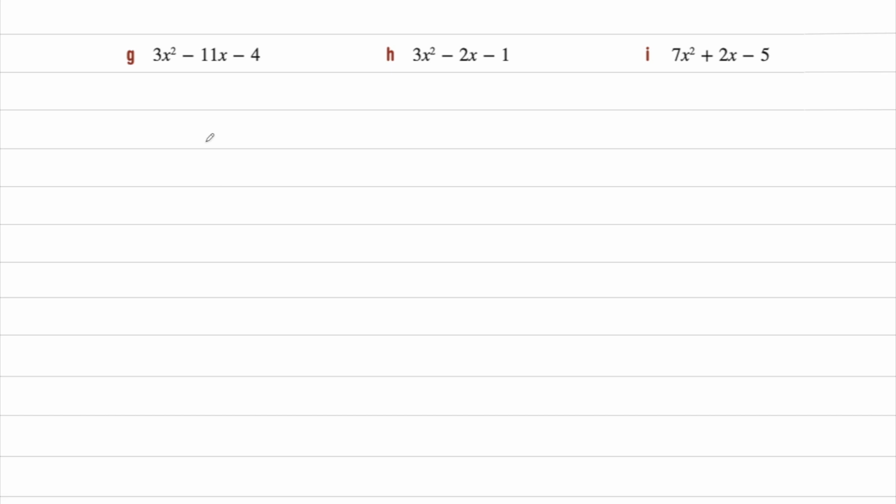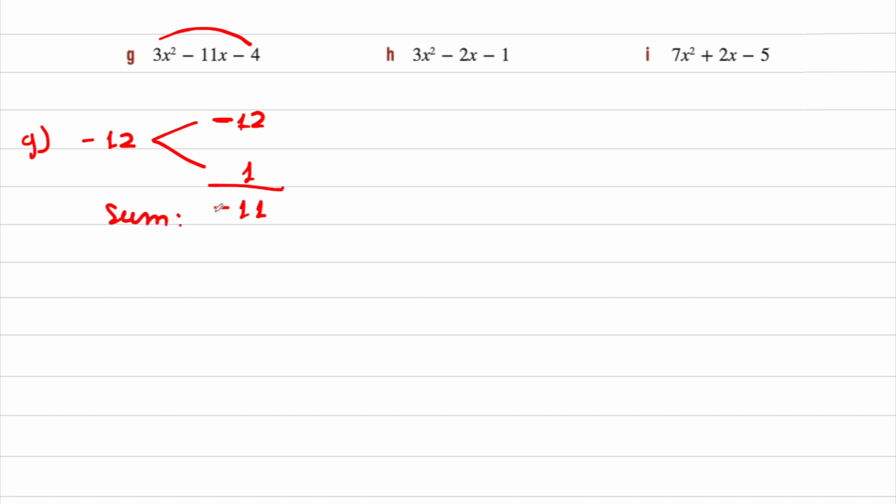Question G, you got 3 and minus 4. About 3 and minus 4, their product will be minus 12, and I need minus 11 here. So I will choose minus 12 and 1, because minus 12 multiplied by 1 equals minus 12, and their sum is minus 11.